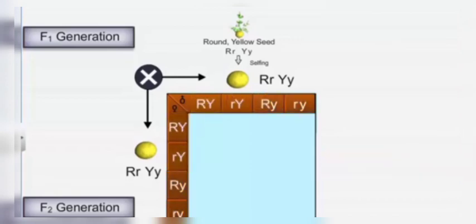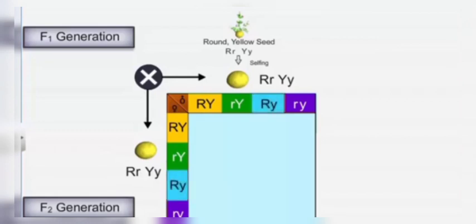Hence, 50% of the gametes bearing small r have capital Y and the remaining 50% have small y. Similarly, 50% of the gametes bearing capital R have capital Y and the remaining 50% have small y.